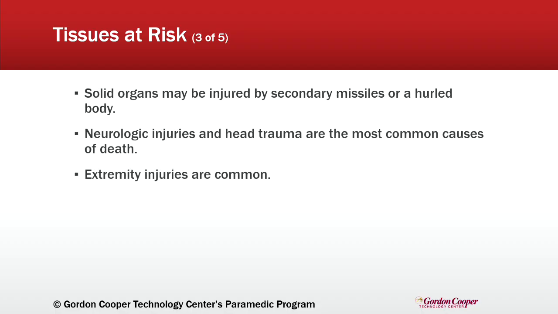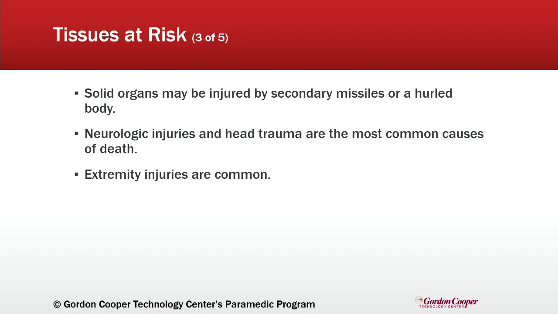Solid organs are a little better protected from the primary blast waves, but they can be injured by flying debris or displacement of the body. Neurological injuries and head trauma are the leading cause of death in blast victims. Things like subarachnoid and subdural hematomas are often seen with blast injuries.